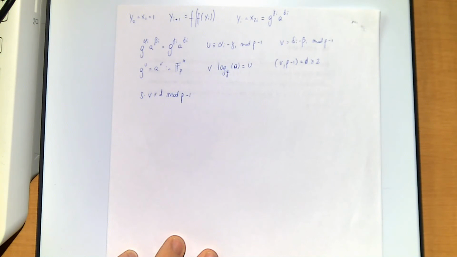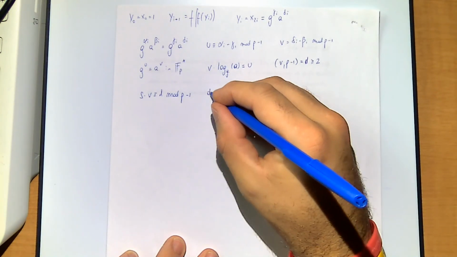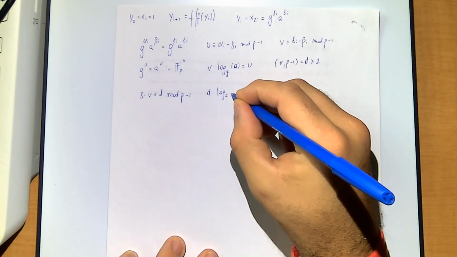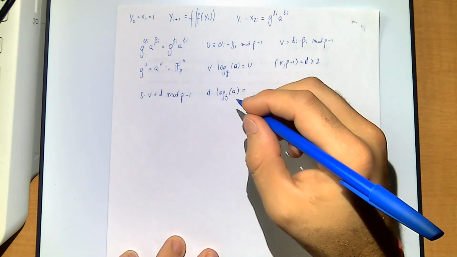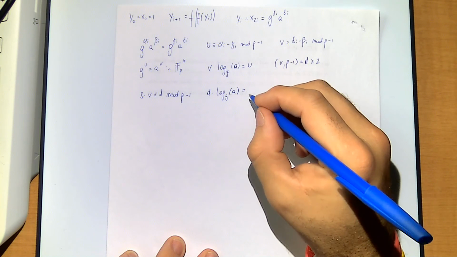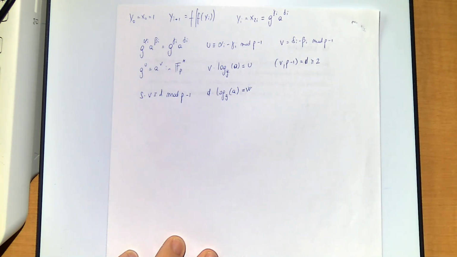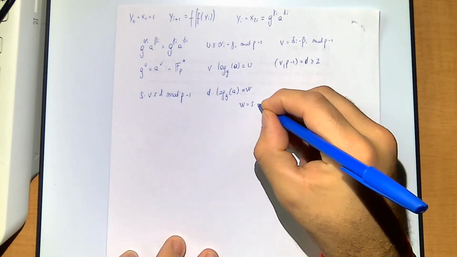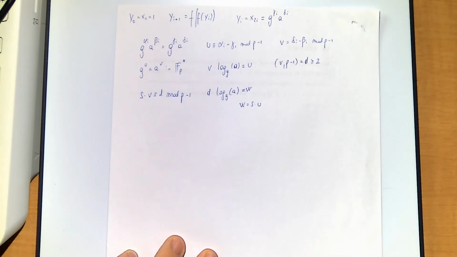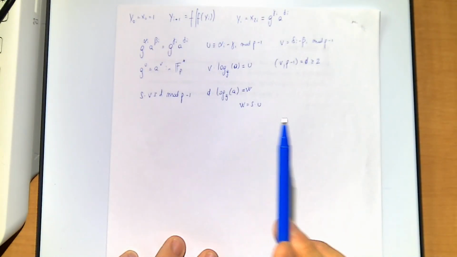Because that's the GCD, therefore I get d times log g of a is equal to a certain w, and therefore w equals s times u. I'm just multiplying by s on both sides, and again the only quantity that I do not know is the logarithm here.